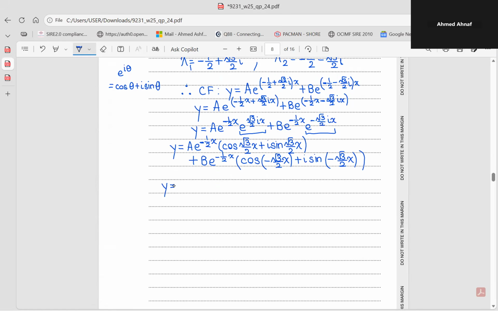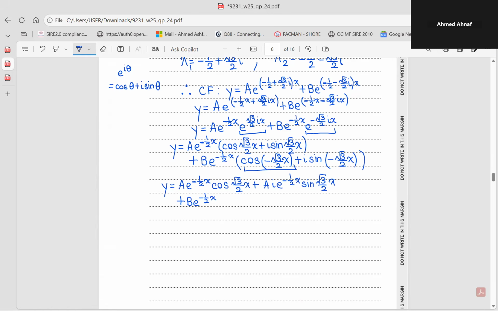So y equals a times e to the power of negative half x cos square root 3 over 2 x plus a times i e to the power of negative half x sine square root 3 over 2 x, plus b times e to the power of negative half x.